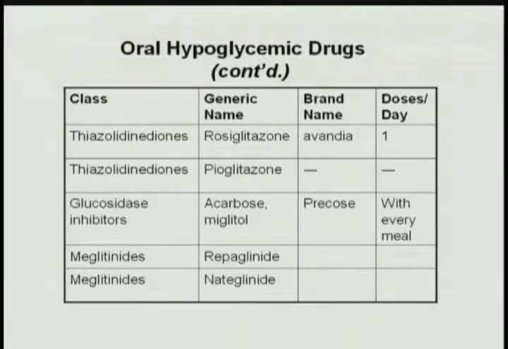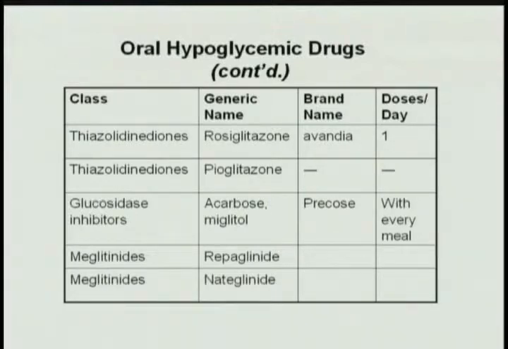So going a little further down, I want to tell you now some of the second-line agents. Now some of these are coming up really fast because they're working really well, right? So you're going to see them maybe first line. And for example, the glitazones. The glitazones are becoming some great medication here. Rosiglitazone, Avandia, and pioglitazone is called Actos.